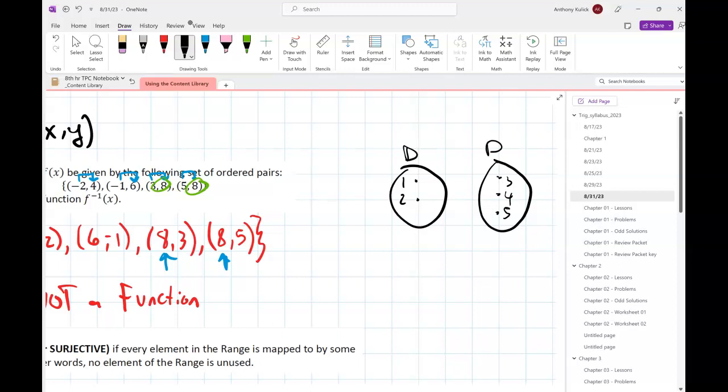So domain, range. Is that a function? All the x's are used. They go to just one place. That works. Is this onto? No, right?